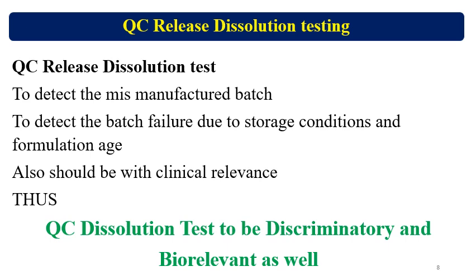It also detects batch failure due to storage condition and formulation age. That means it will detect the stability failure also. Also, it should have clinical relevance because the QC release method is required to test the commercial batch and to release the batch in the market.